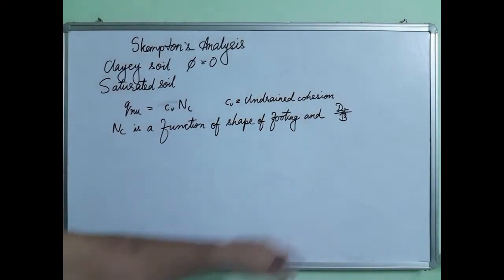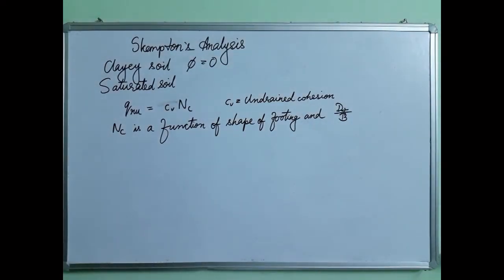Df we already know till now, which is the depth of the footing, and B is the width of the footing.